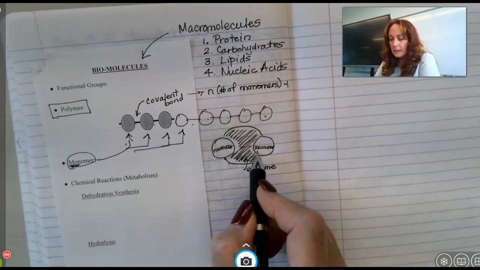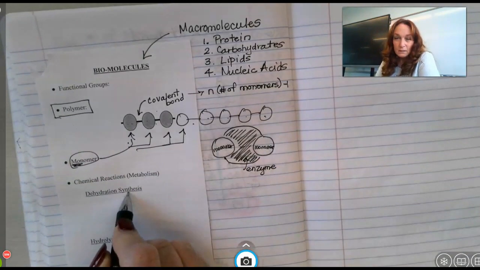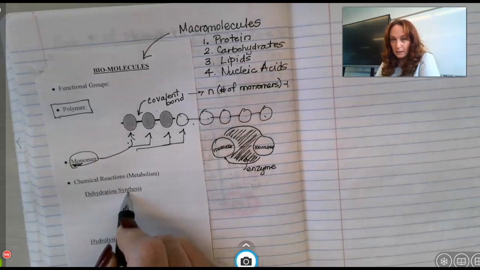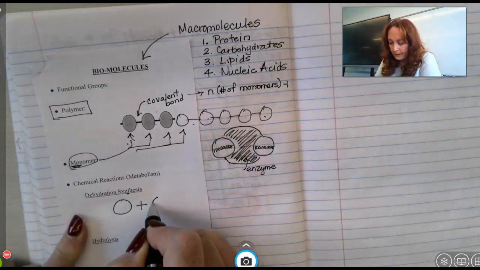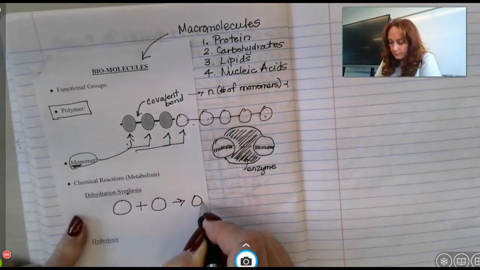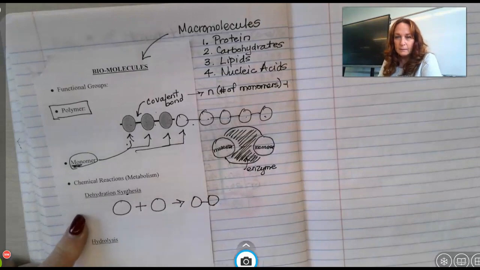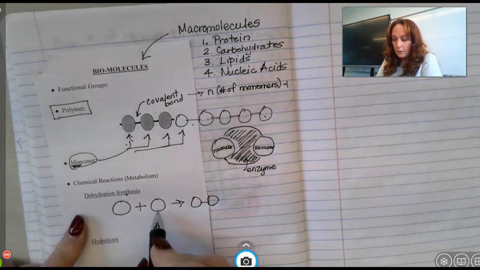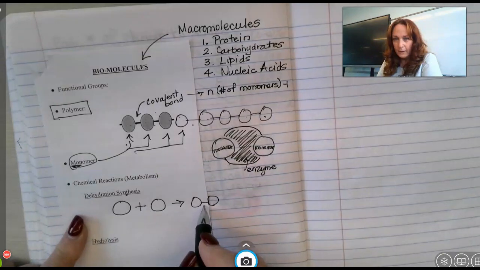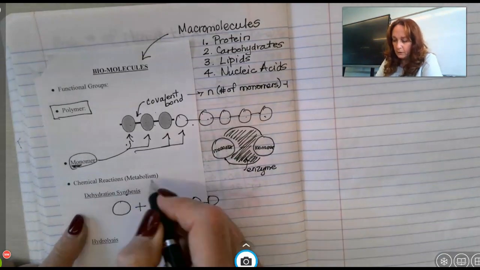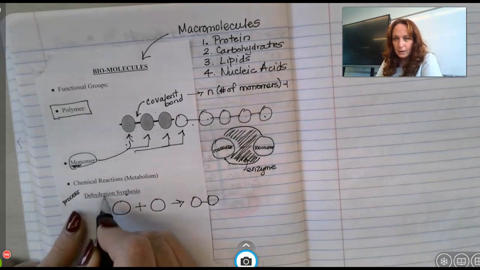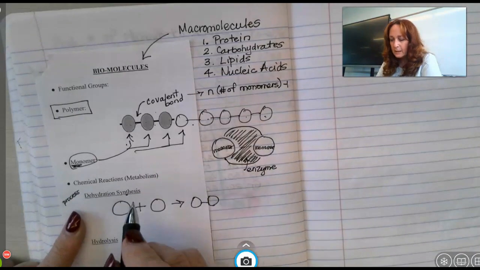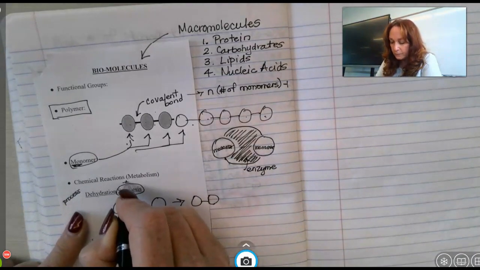When they're pieced together, that's called synthesis. It makes sense: synthesis is building. So this is that process. Two monomers create the covalent bond between them through a process called dehydration synthesis. And there's a reason why. Synthesis means to put together.